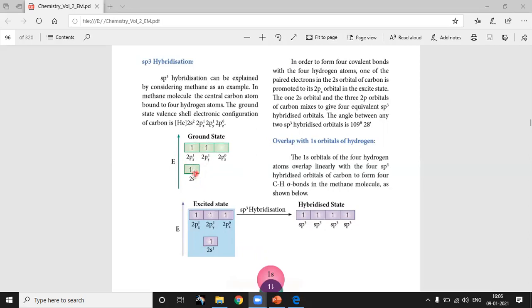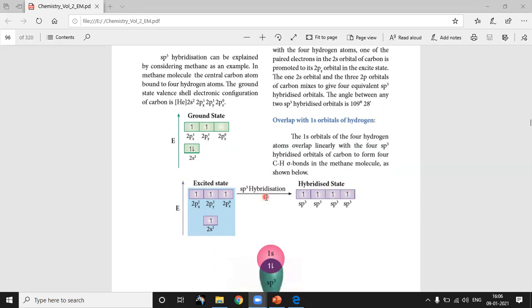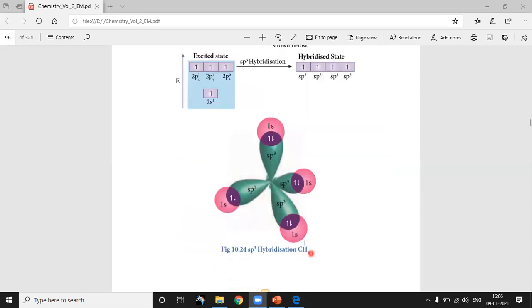Now here also one more electron will move from the s orbital to the 2pz orbital, so that we have 3 electrons in the p orbital and 1 electron in the s orbital. That only we have given as sp3 hybridization. So now totally 4 electrons in the hybridized state, right? So the CH4 will have the hybridization like this.